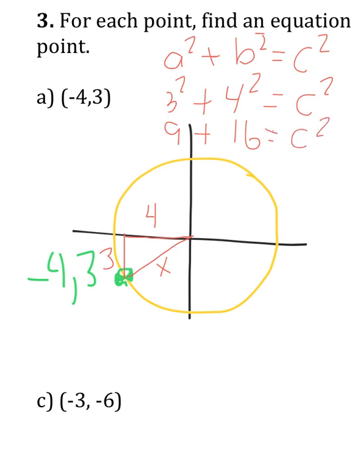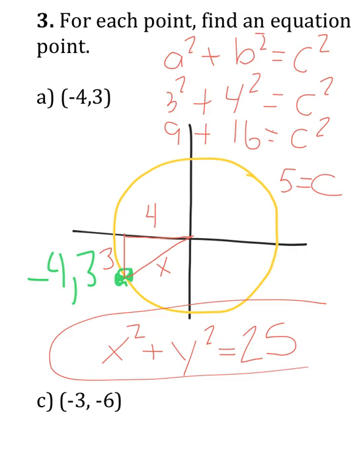And the square root of 25 would be 5, so c equals 5. Once I have the radius, just go back to the same thing. The radius is 5. 5 squared is 25. So the equation for this circle is x squared plus y squared equals 25.